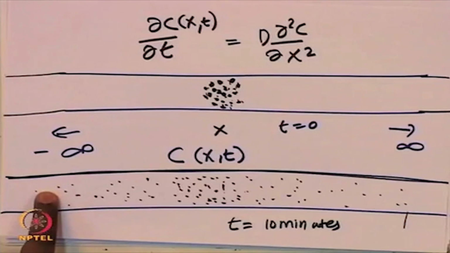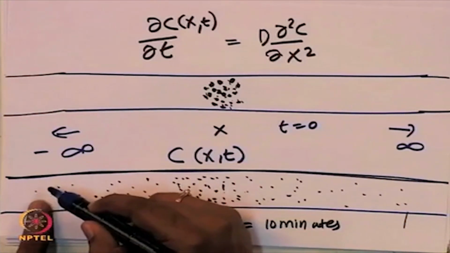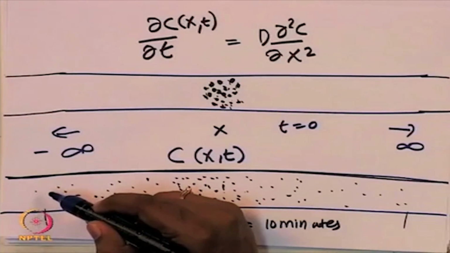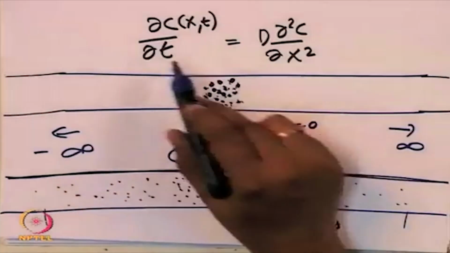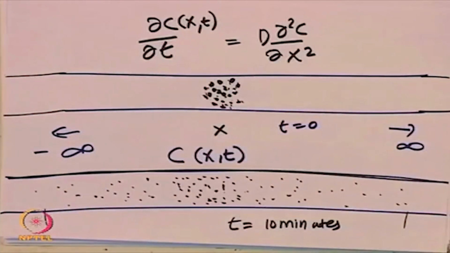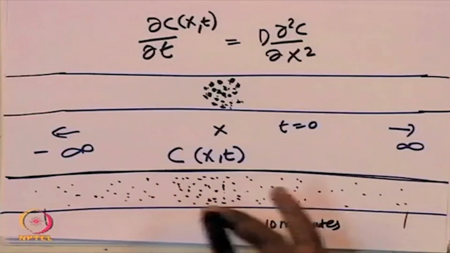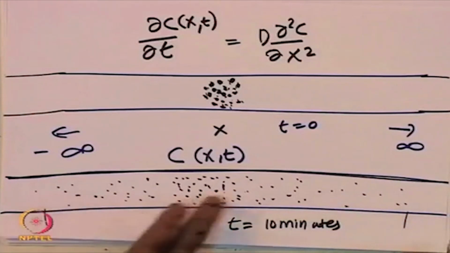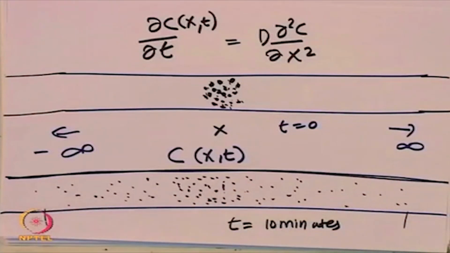What will be the concentration here after 30 minutes? What will be the concentration here after 40 minutes? We can ask these questions, and by solving this diffusion equation, we can get answers to these questions. The solution of this equation tells you the concentration at any point at any time.